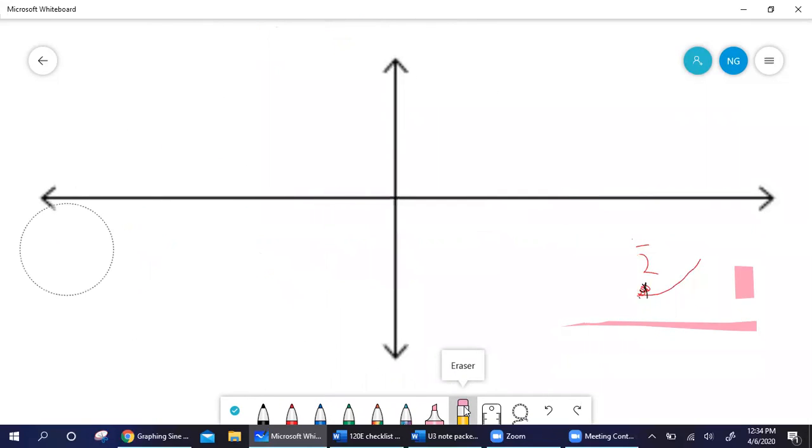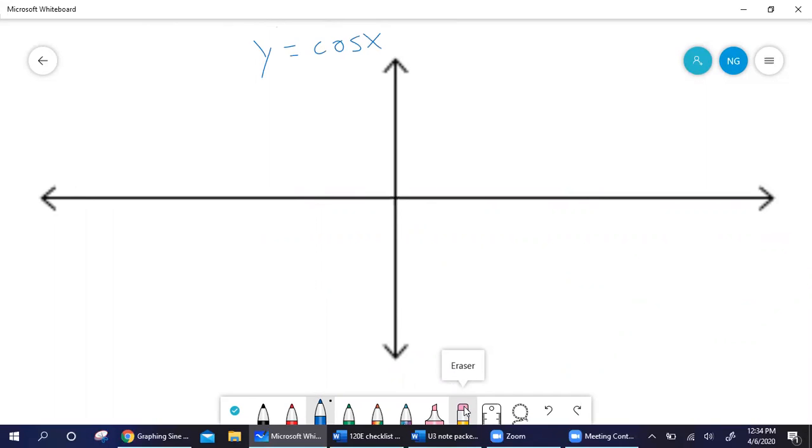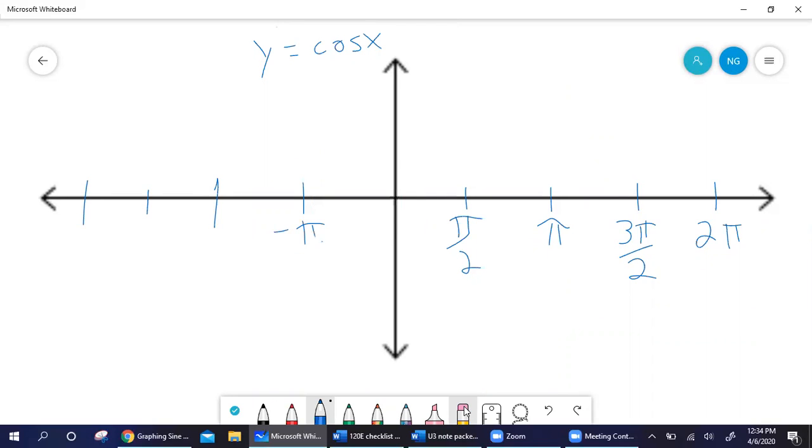So for cosine, I'm going to have the exact same increments as I did for sine. And again, some better drawings are on my posted answer key to the note packet.